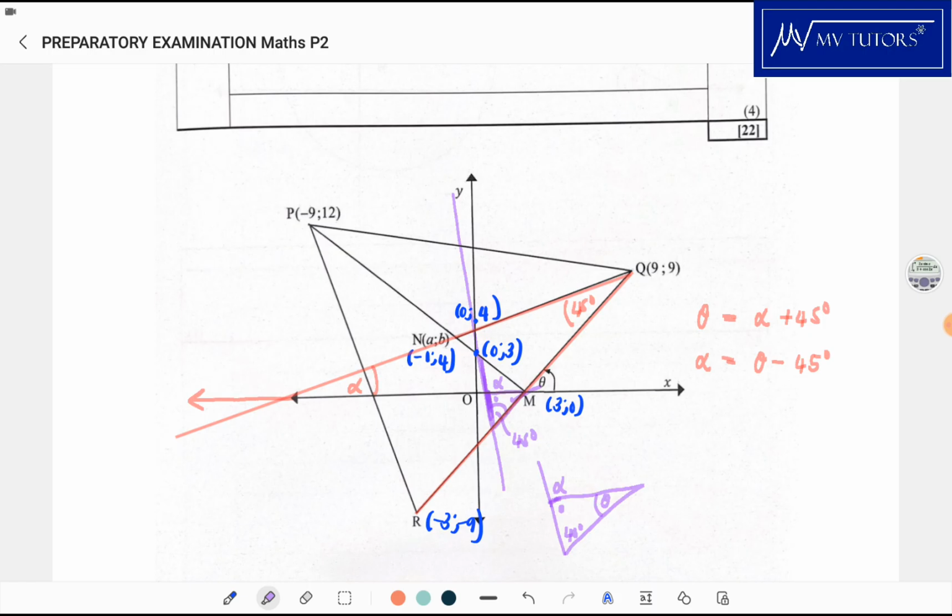So yeah, it's the same. It really is the same. I hope I'm not making errors here, but this looks like it is the same thing. But if you wanted to do it the long way, you could have said alpha plus this angle is equal to 180, and then you get what that angle is, and then ultimately you can sort it out.